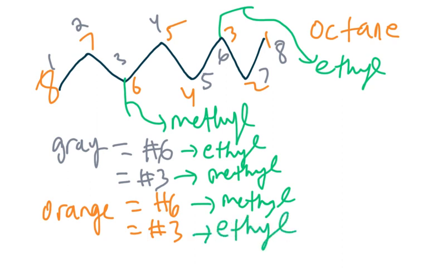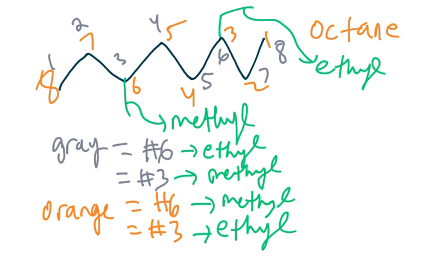So now we've basically listed out everything we need to know in order to name this molecule, right? So you want to choose, first of all, we already have the longest parent chain, which is 8. Now you want to choose the numbering pattern that's going to make the substituent come on the least number carbon. So then would that be the orange numbering pattern or the gray numbering pattern?